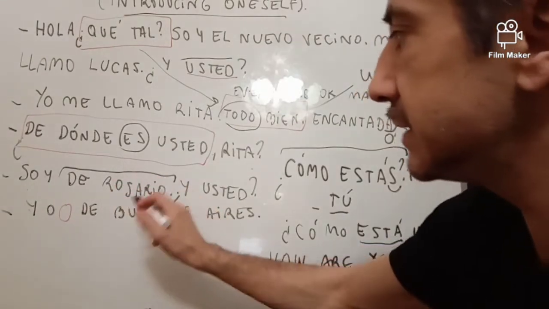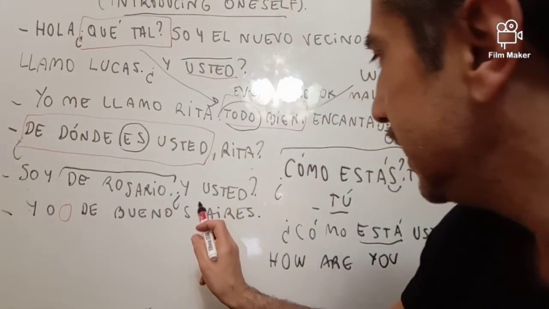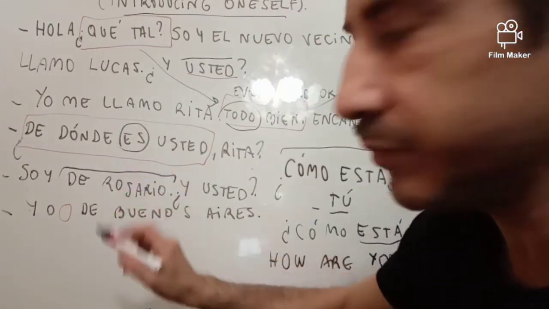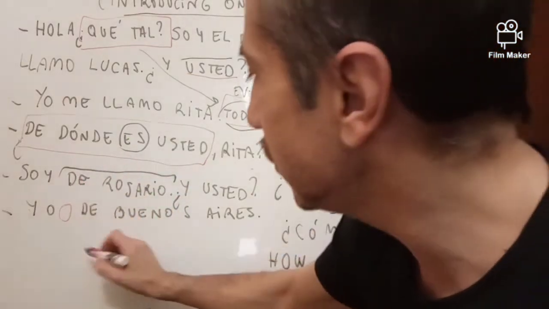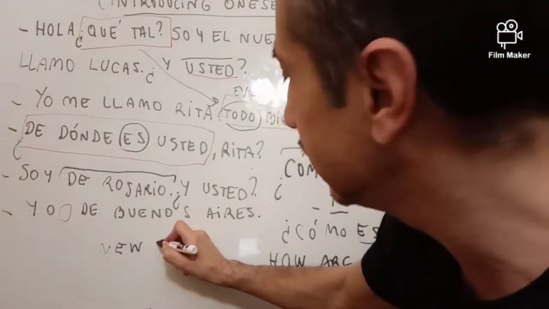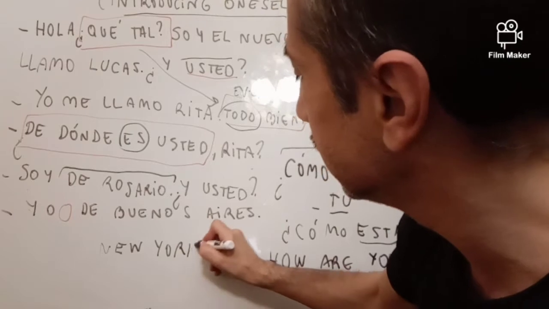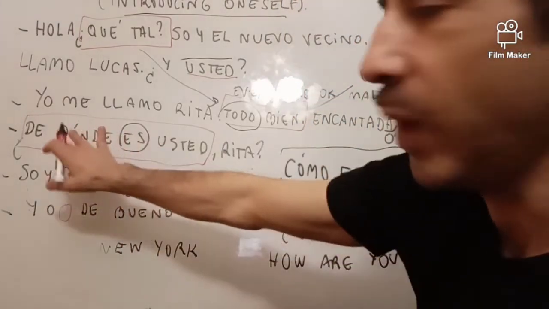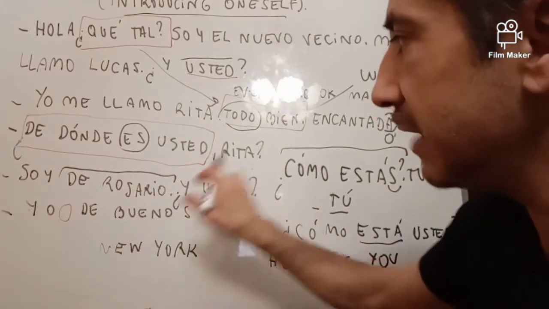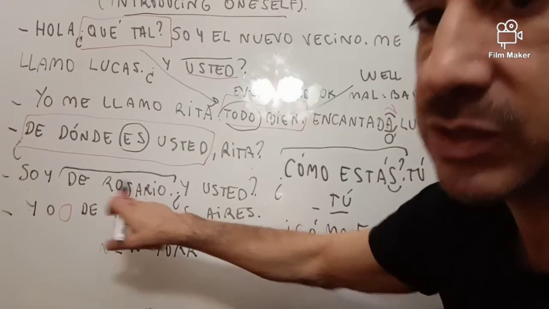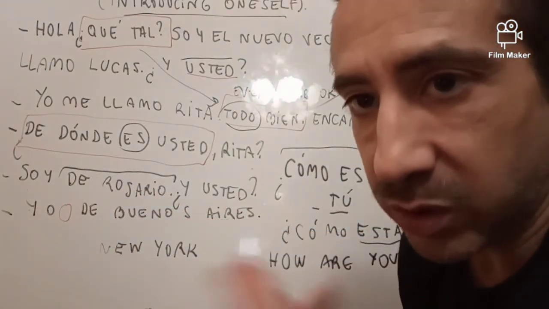Let's suppose that this woman says, soy de New York. So now you can guess that it's, where are you from, Rita? I'm from New York. In this case, Rosario has got nothing to do with New York.